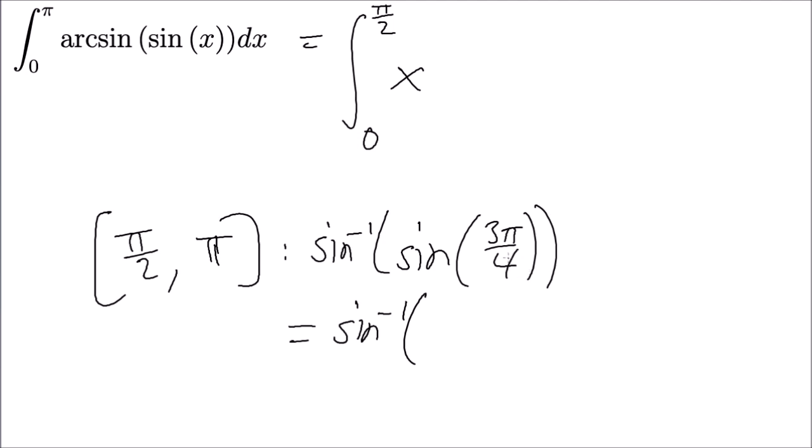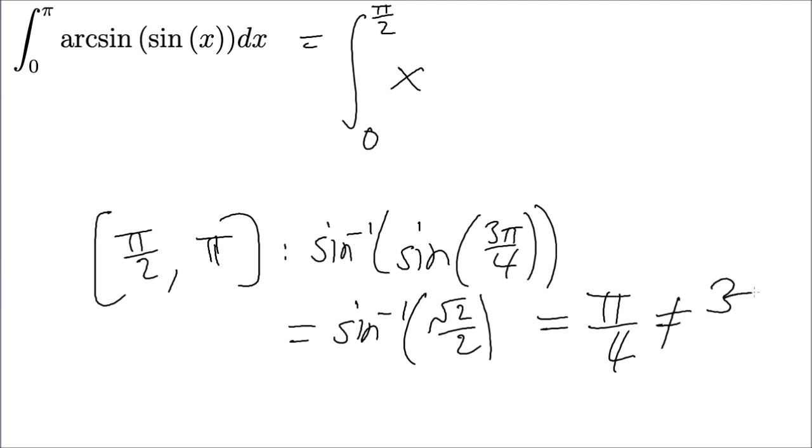This would equal root 2 over 2, but that is pi over 4. So this would equal pi over 4, but pi over 4 is not equal to 3 pi over 4.